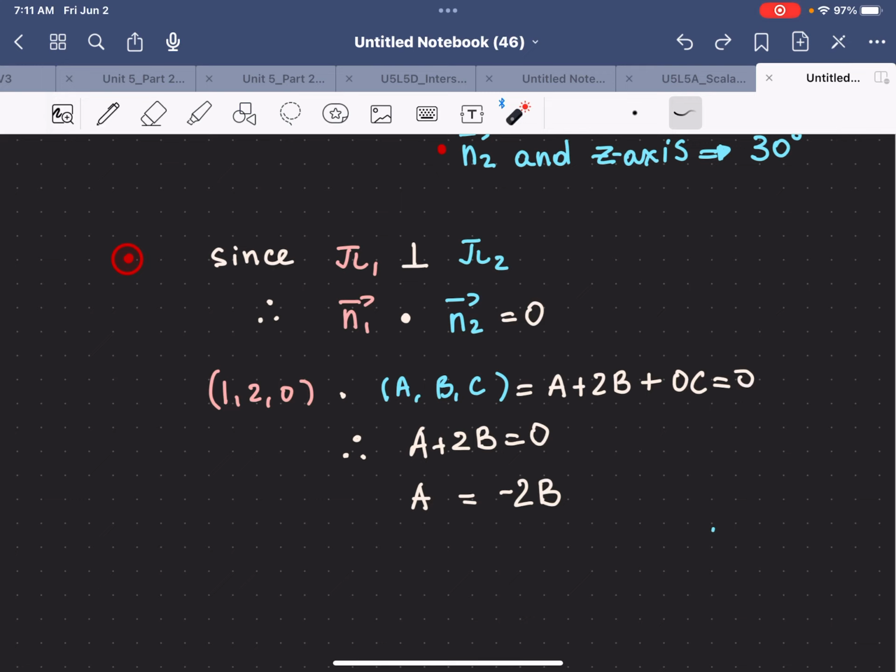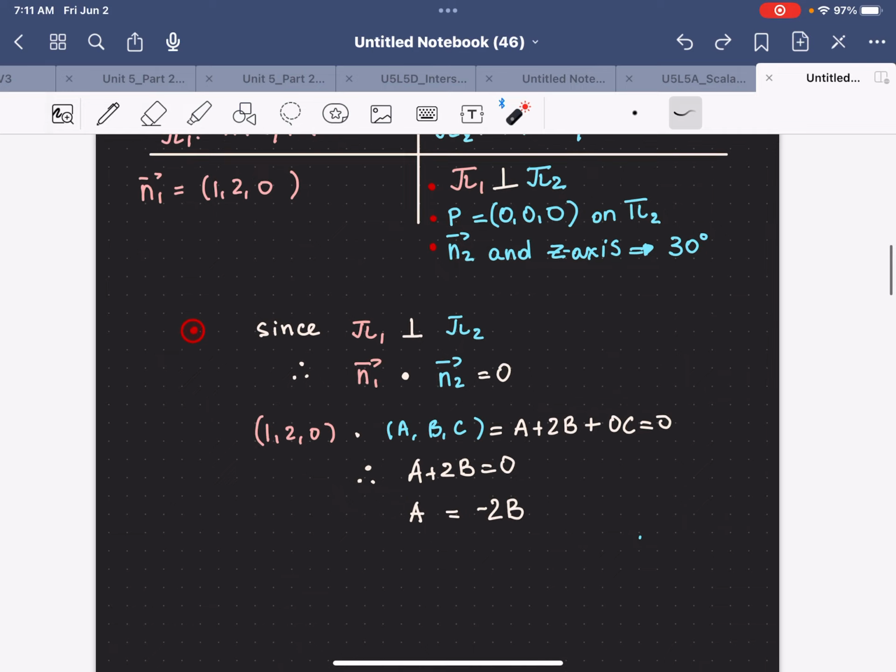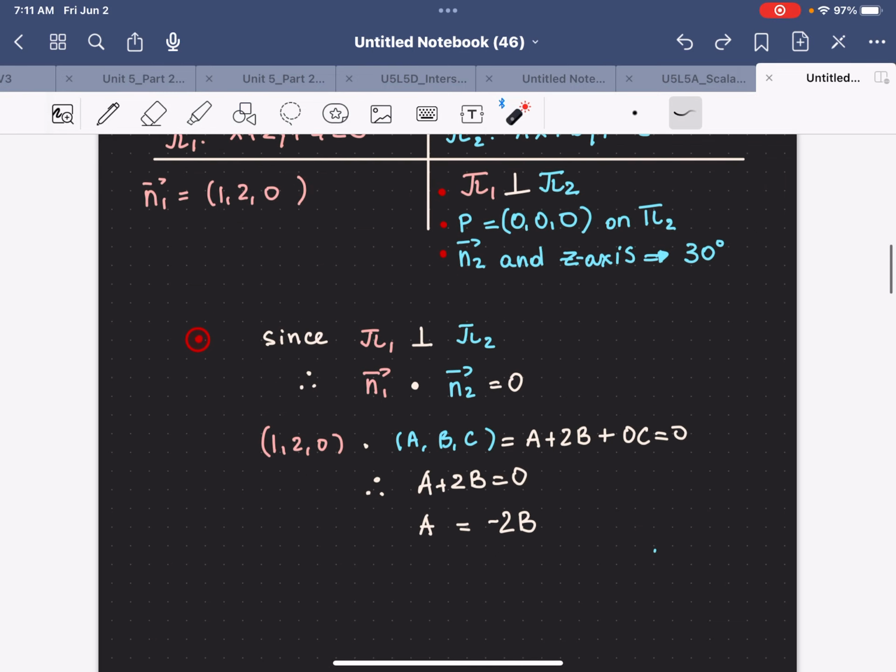So we try to avoid using fractions because they will make the expressions a little bit more awkward. So with this, we have used all we can for now from the first piece of information given, so pi 1 perpendicular to pi 2.